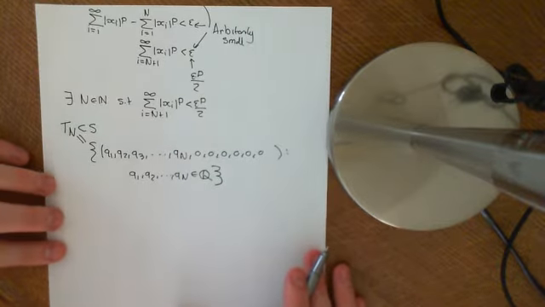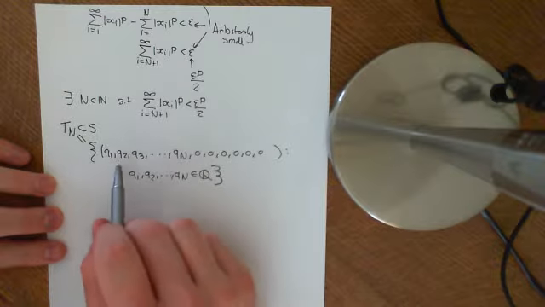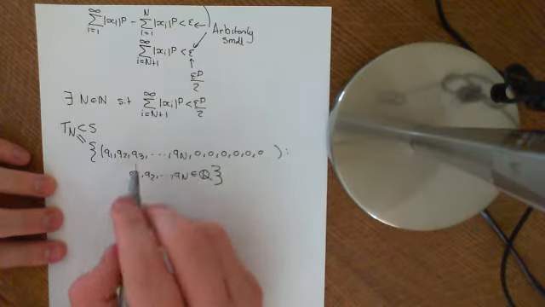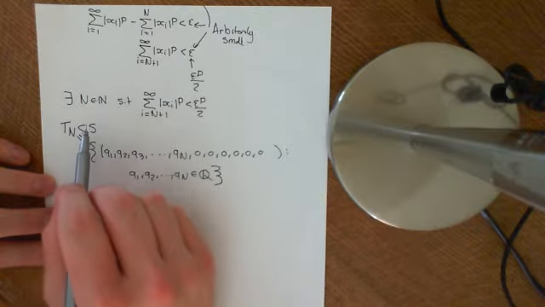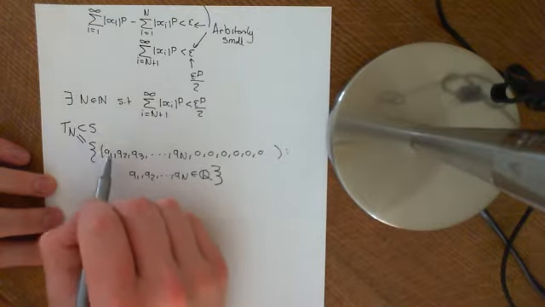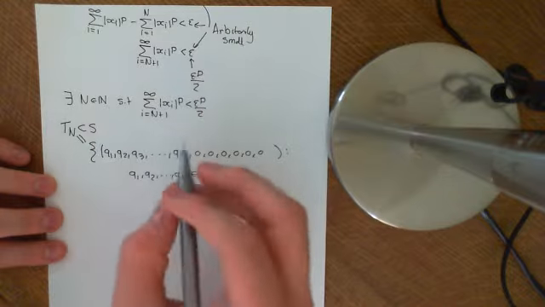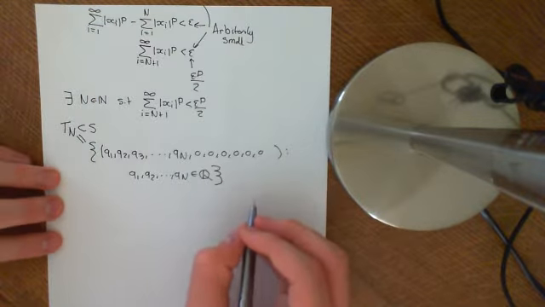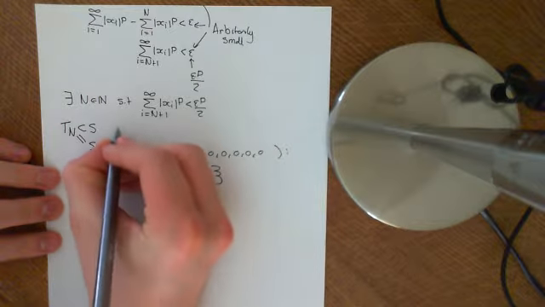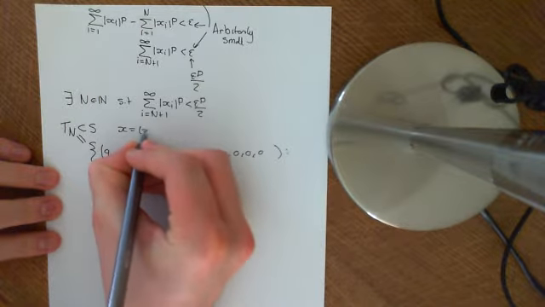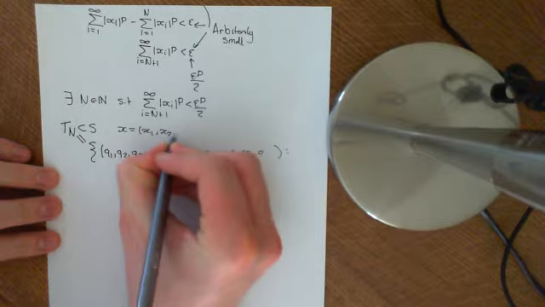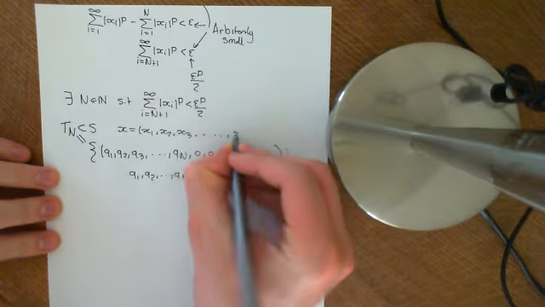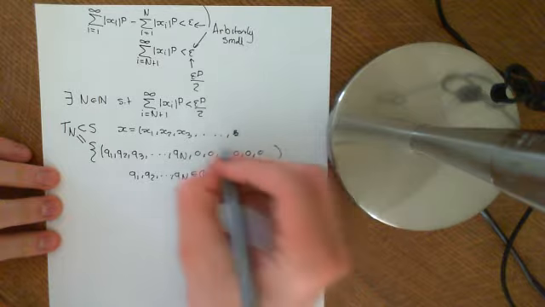Right, so what I'm going to do now is show you that I can find you a sequence in S, the one you wanted me to find, which is epsilon close to the sequence x. It's going to be in this set here. So I have my sequence x, which is x1, x2, x3, and so on.